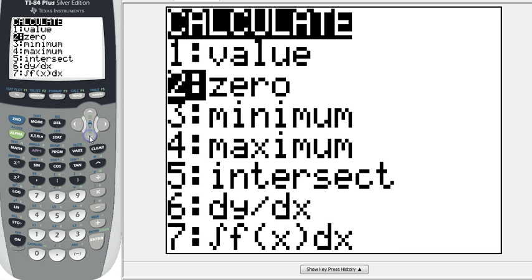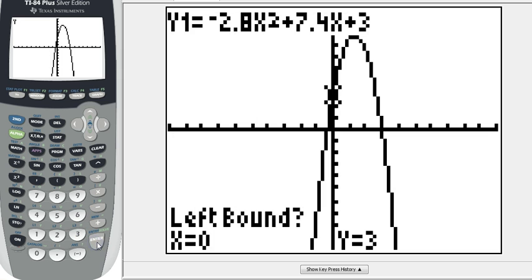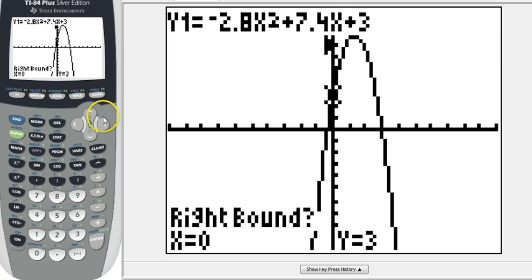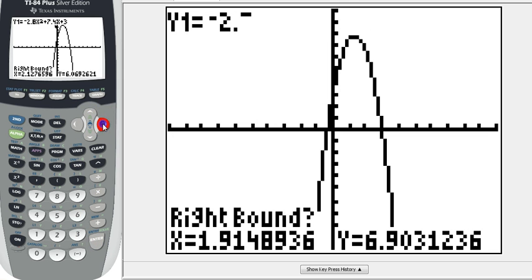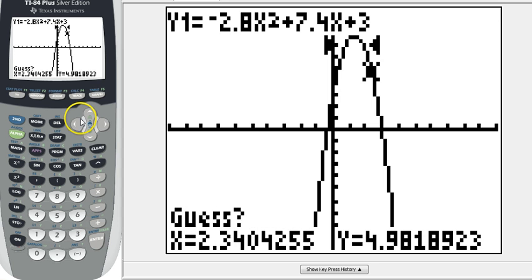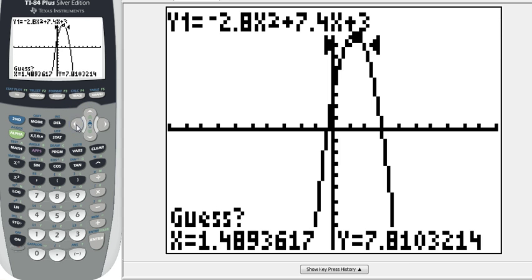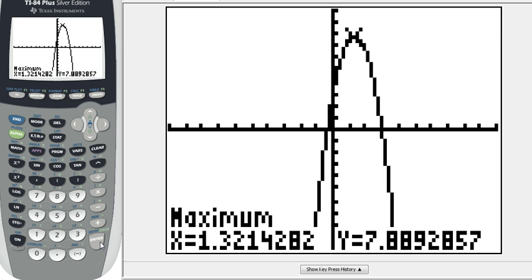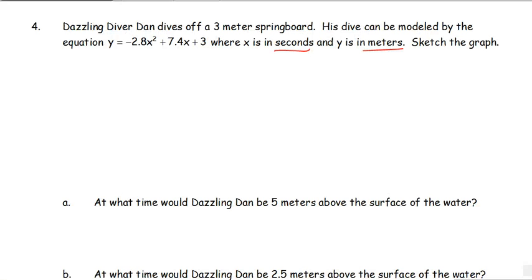Now I'm going to use 4 because I want a max. It's the top of the curve. I'm at the left of it right now. I'll go to the right of it. Okay, and then I hit enter and I go to the middle. And I get the point 1.321 and 7.889. Okay, so I'm going to graph that. So here's my graph.